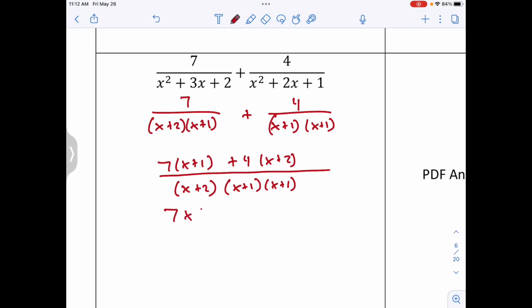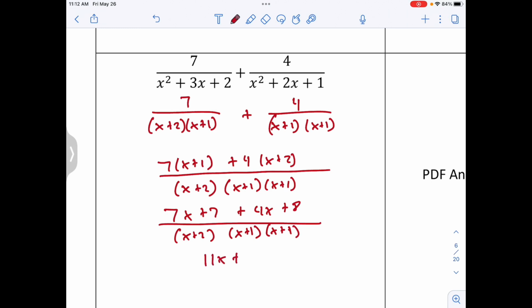So I'll distribute on top 7x plus 7 plus 4x plus 8 all over my common denominator. And then we're going to have some like terms to deal with on top. That'd be 11x plus 15. Nothing will factor out of that. Common denominator on bottom doesn't cancel out with any of my factors, my 11x plus 15 on top. So we are done.